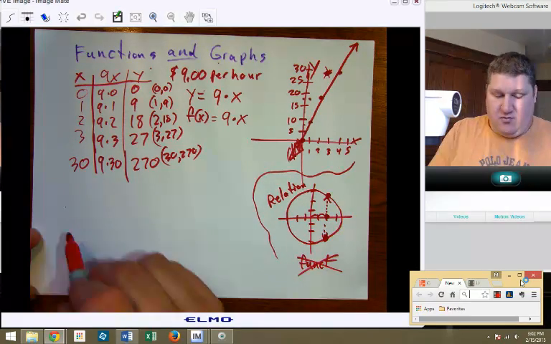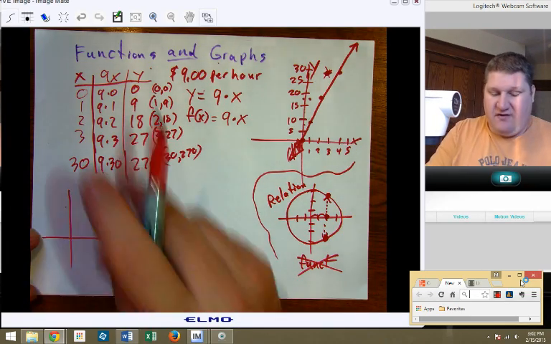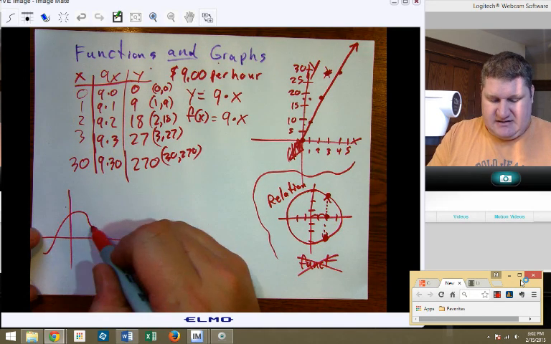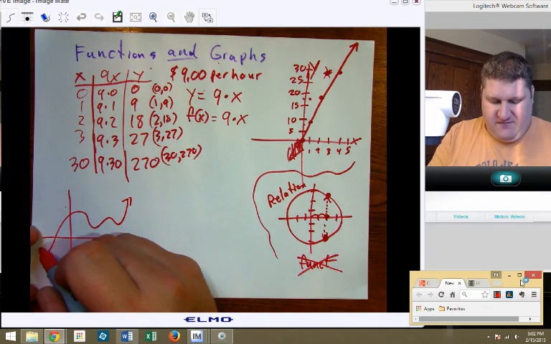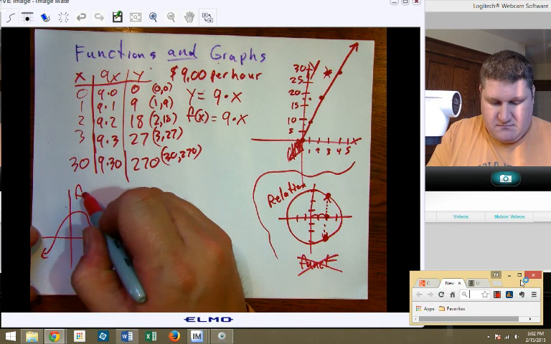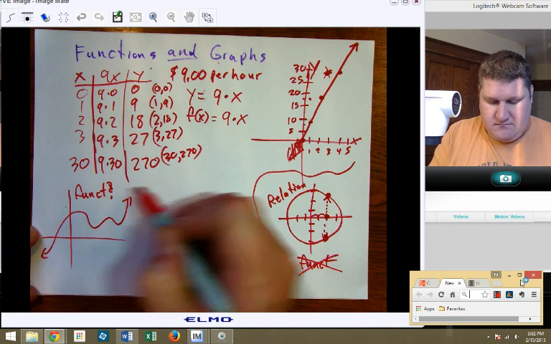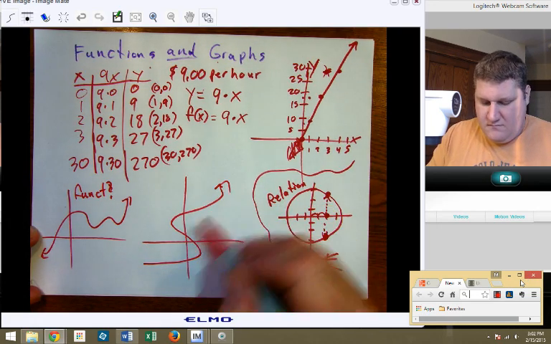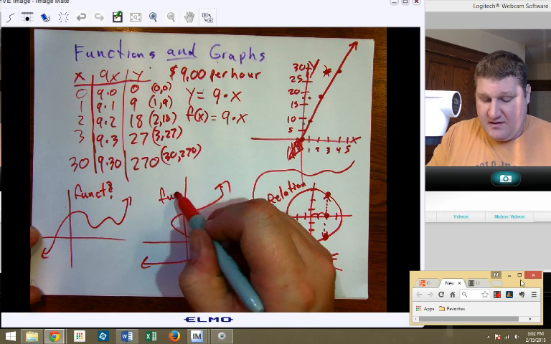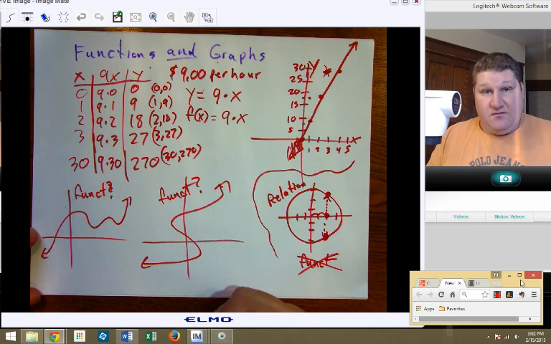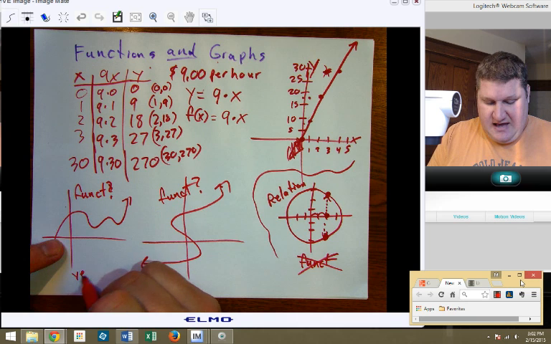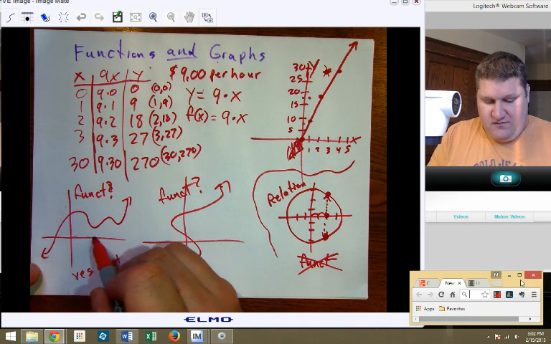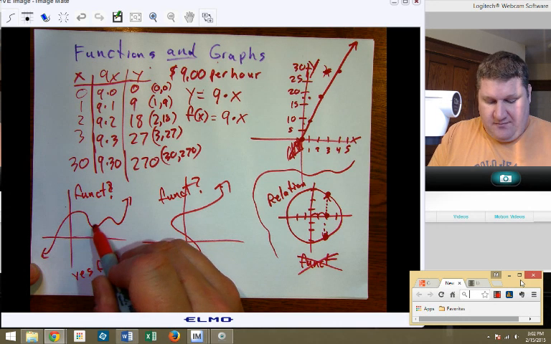Just as another note, if I have just the graph without the equations, I could say, is this graph a function? And is this graph a function? Now, the answer here is yes, it's a function, because as I go over to any value, I can go up to one single value.